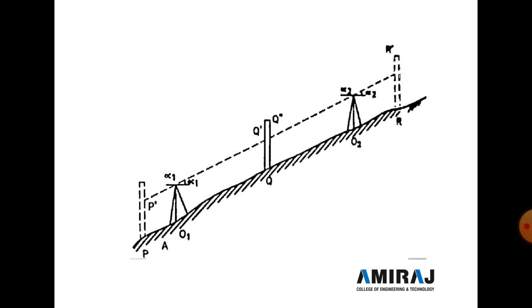Now RL of R is equal to RL of Q double dash plus QR sin alpha 2 minus PR. So this is the equation for finding the RL of point R, and this method is indirect leveling of a steep slope.